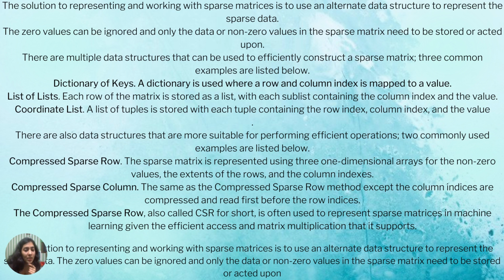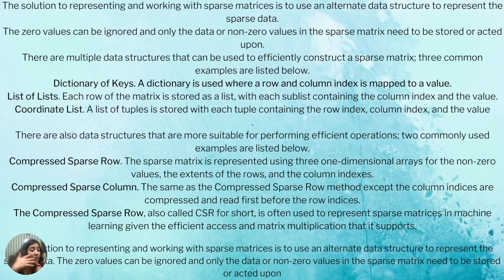There are also data structures that are more suitable for performing efficient operations. Two commonly used examples are listed below. Firstly, the compressed sparse row. The sparse matrix is represented using three one-dimensional arrays for the non-zero values, the extents of rows, and the column indexes.